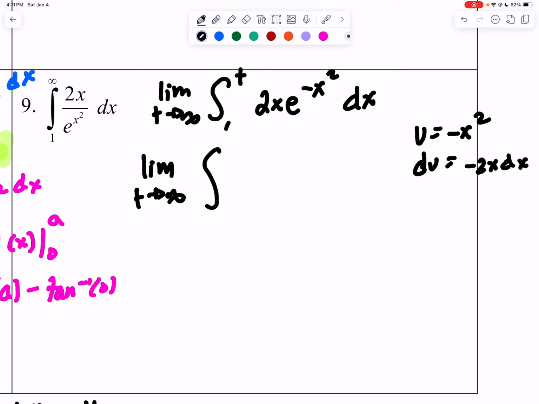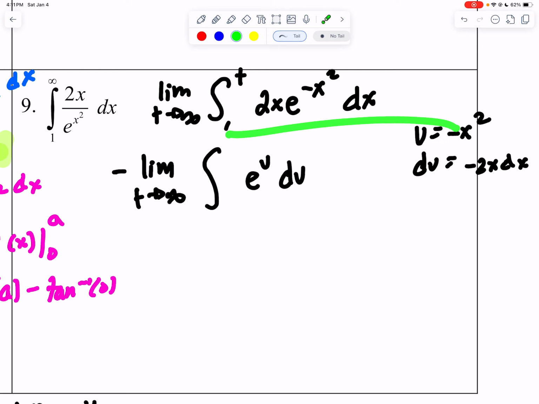So I'm left with a negative, which I'm going to put on the outside. And then I'm going to have e to the u du. Now, because I changed my variable to u, make sure that you change your bounds to be in terms of u. So if I were to plug in 1 here, that's going to be negative 1.